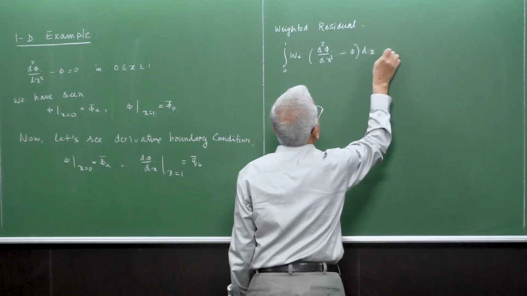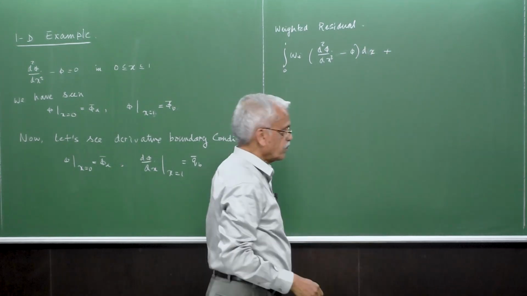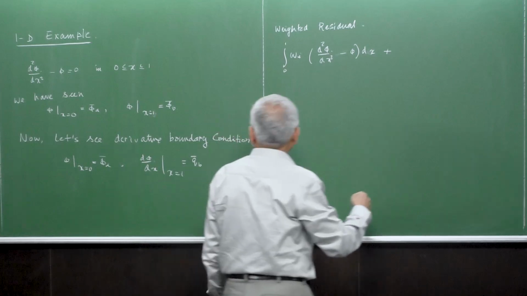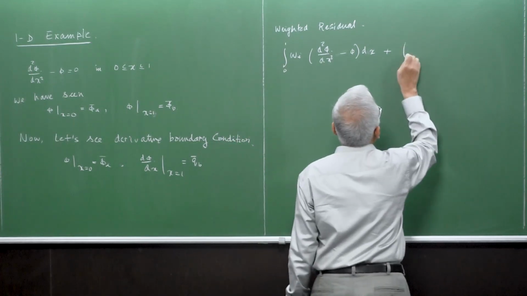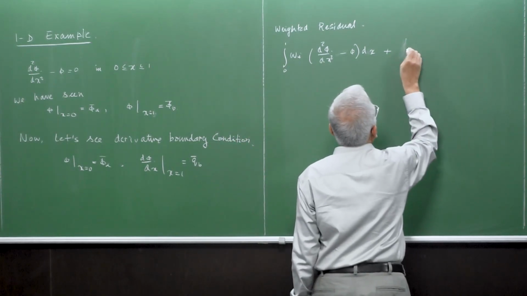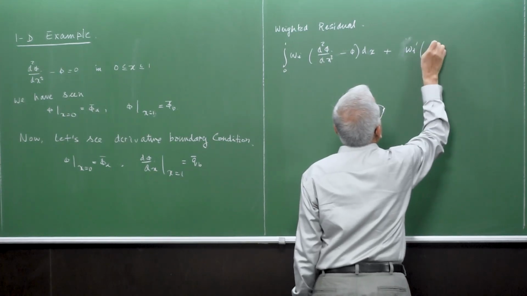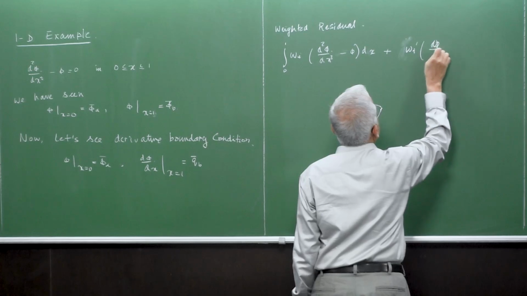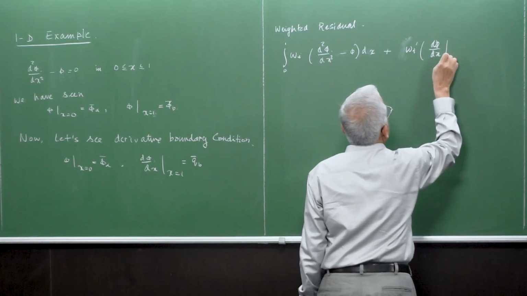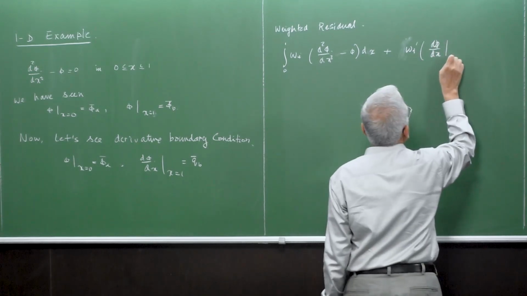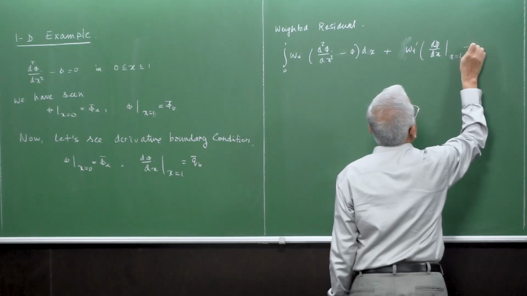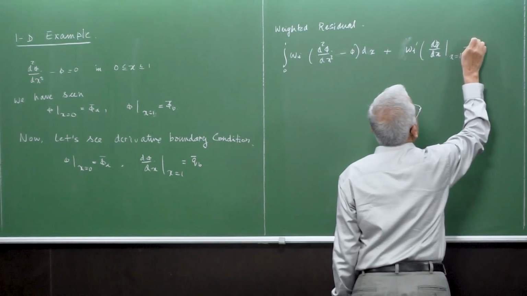Together with this one, we will also take the boundary condition on Wi, d phi by dx at x equal to 1 minus qp.